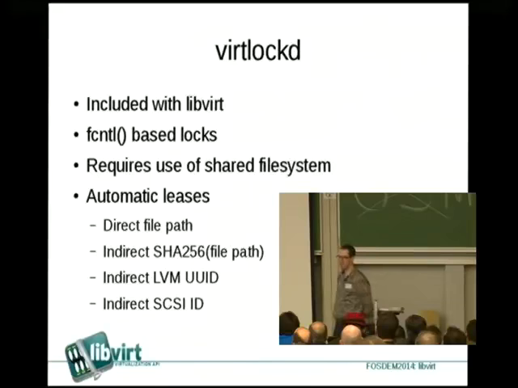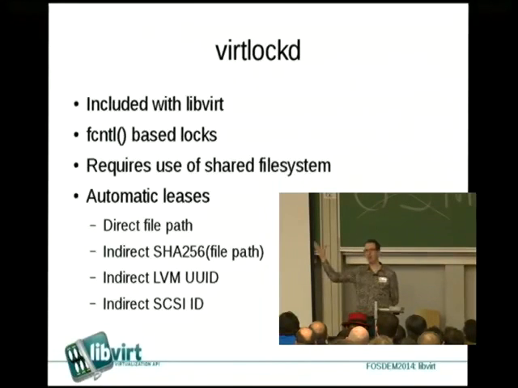At this point in time, it only works in automatic mode. This is where Libvirt automatically determines what the locks are. And the way we do that is based on the file path of the virtual disk backing store.